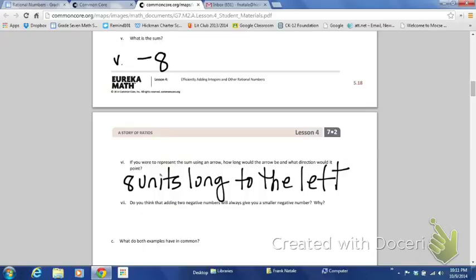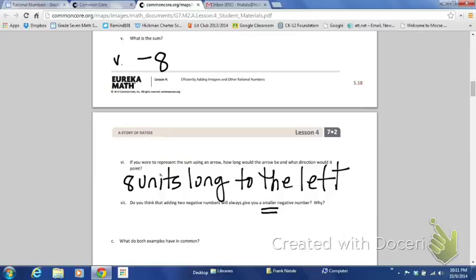So, number 7 here, do you think that adding two negative numbers will always give you a smaller negative number? Now, really important in terms of this word, which is something that throws kids off: this idea of a smaller negative number.